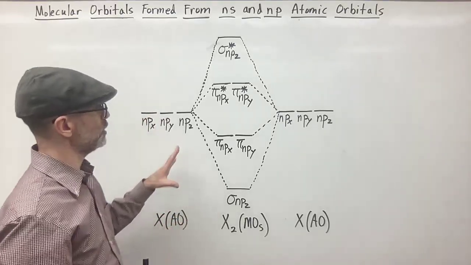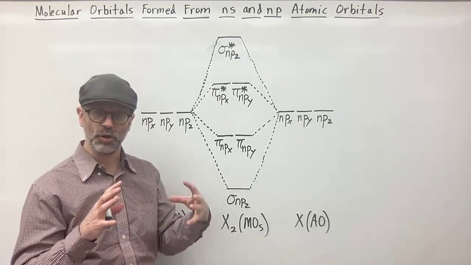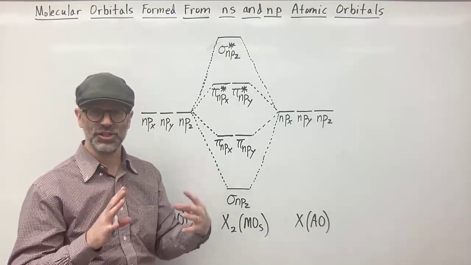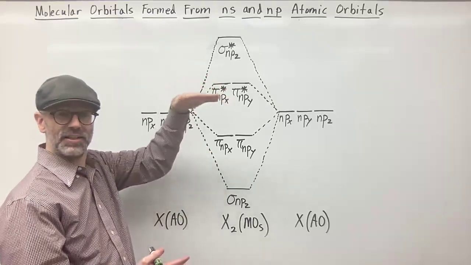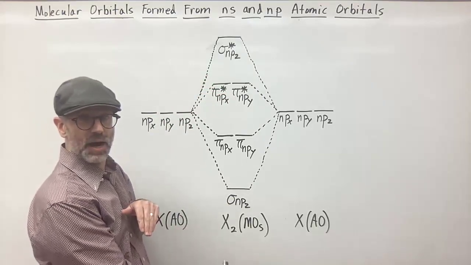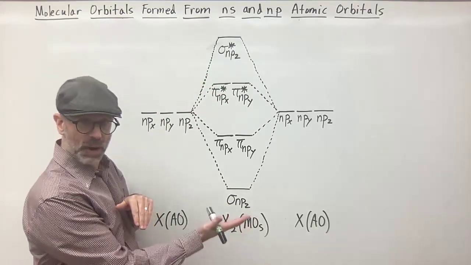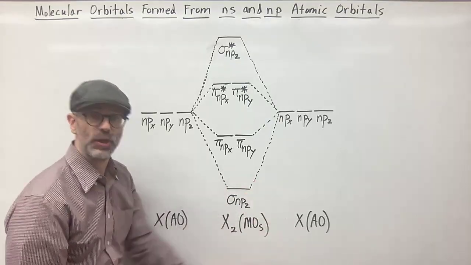So we saw that before with the sigma s and the sigma s star molecular orbitals. Oh, and with respect to that, remember our sigma s and sigma s star molecular orbital energy level diagram where you had the sigma 1s star on top, the sigma 1s bonding orbital on the bottom. That would actually be down here below here.